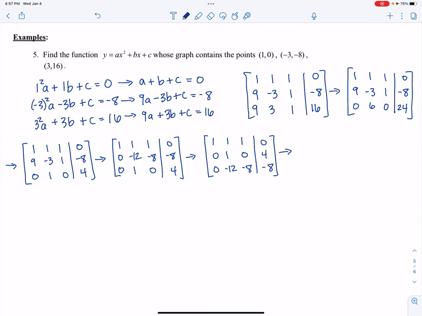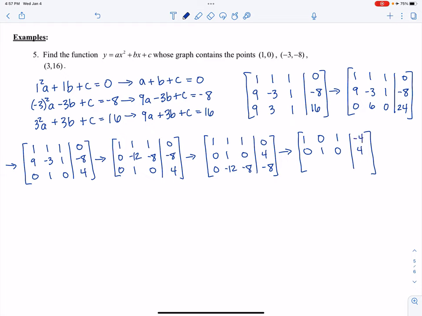And now I'm going to multiply row 2 by a -1 and add it to row 1. So that way I eliminate that 1 in the second column. So I'm going to have 0, 1, 0, 4. So we've got -1 plus 1 is 0, and 0 plus 1 is 1. -4 plus 0 is -4.